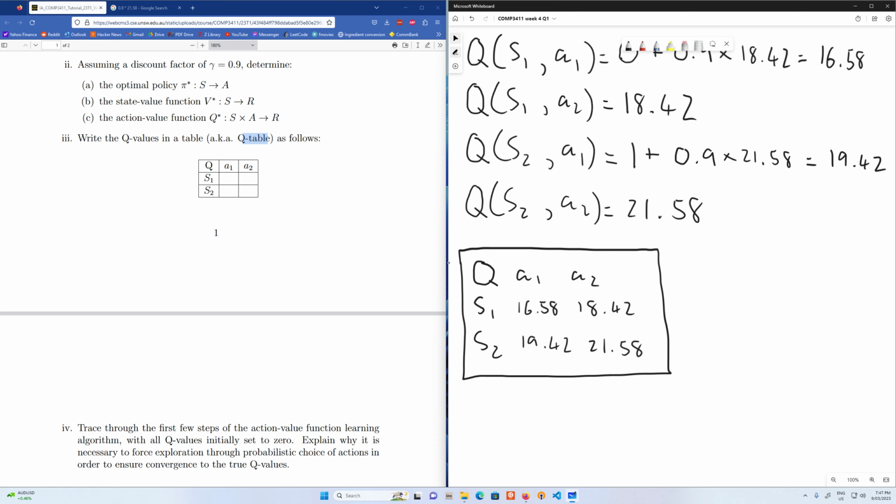Obviously the value of 18 is greater, so therefore under this policy, in state 1, the agent would do action A2, and in state 2, the agent would take action A2 again, because 21 is bigger than 19. So you can see that that's actually the optimal policy that we worked out in the beginning.